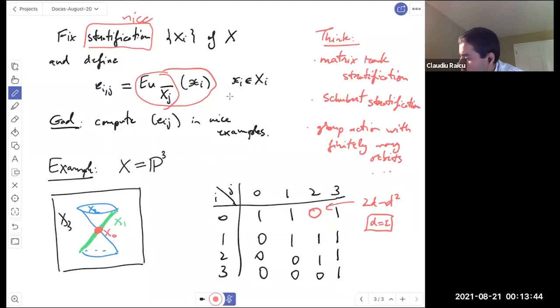So, and again, this is the property that if I evaluate the Euler obstruction at a non-singular point, I get that. All right, so maybe just with these examples in mind, it's time to give a definition.